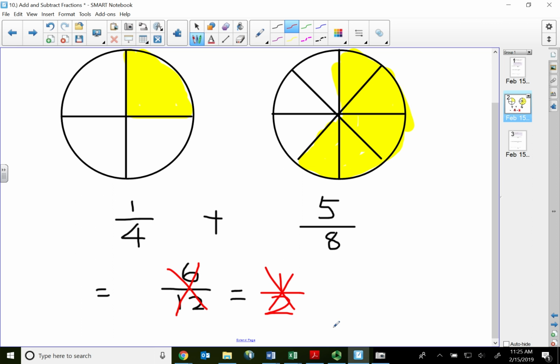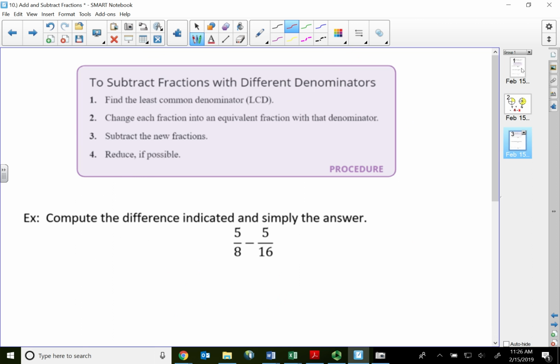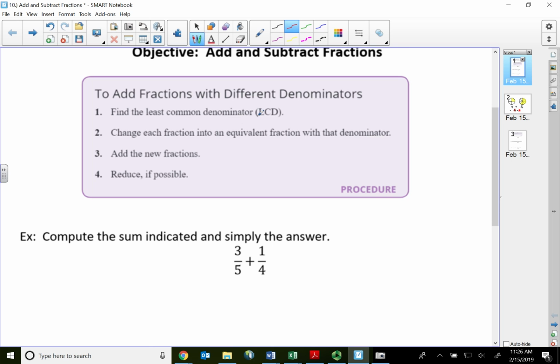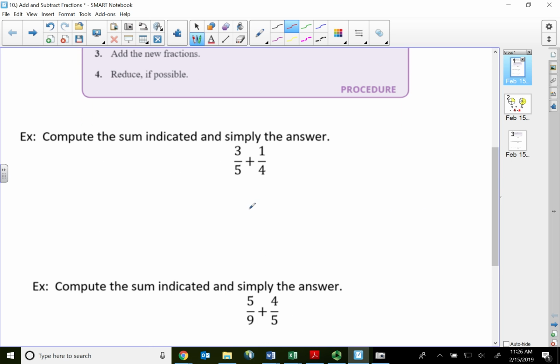So that's why we cannot just add them across or subtract them across when it comes to adding or subtracting fractions. The very first thing we have to do is always find the least common denominator, or least common multiple, before we can add and subtract. For example, 3/5 plus 1/4.